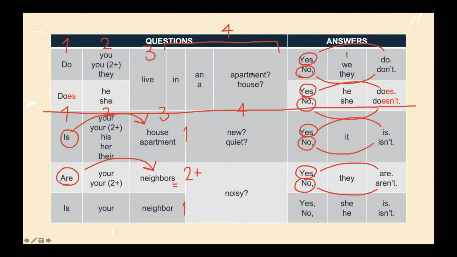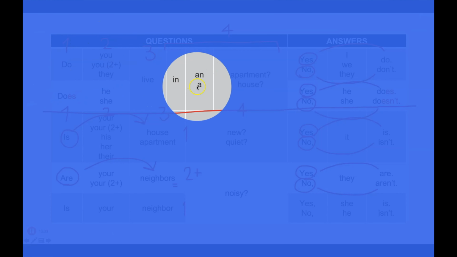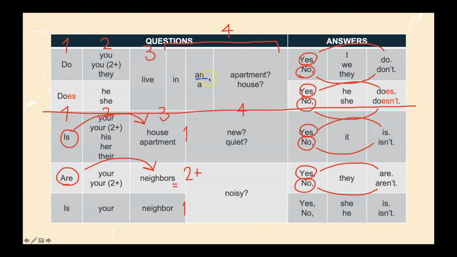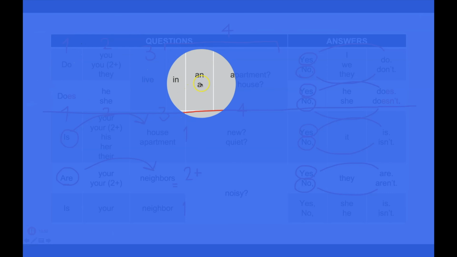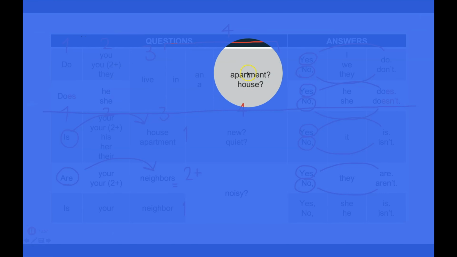Or we could ask, do you live in a house? Okay, we need N for apartment because of the A, and we need A for house because of the H. Again, do you live in a house or do you live in an apartment?